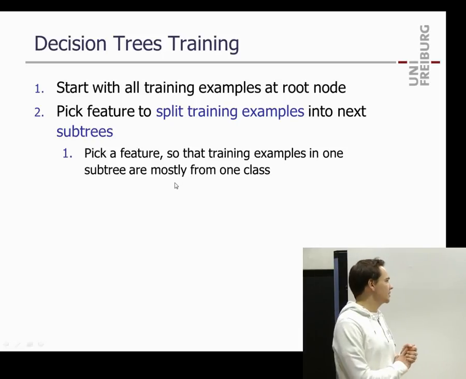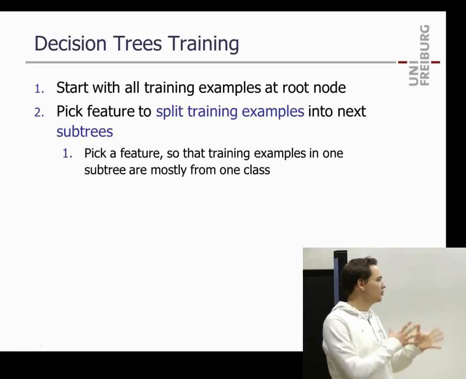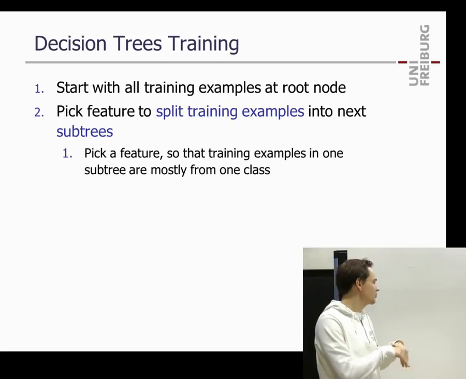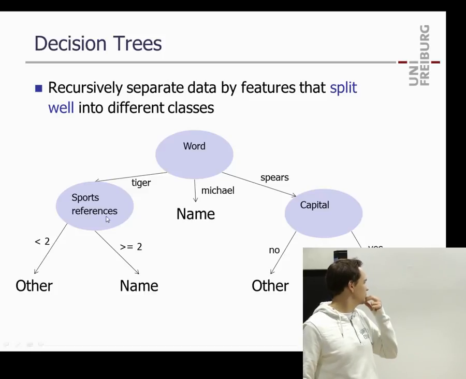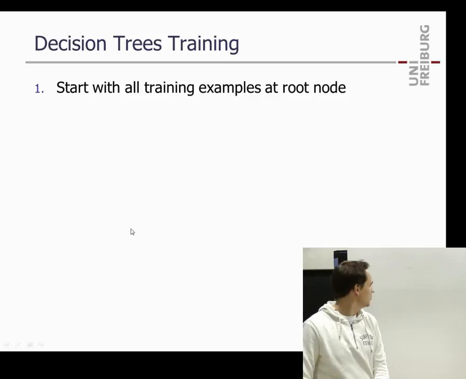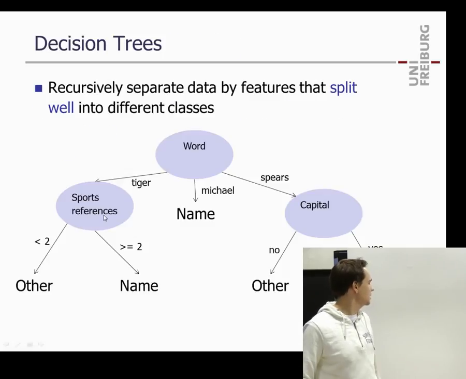You pick a feature so that these training examples are mostly from one class in the subtree below. So, for example, here we only have names, so we can already say this should be a name. And here, for the tiger, it's mostly names and just a few not names, and then it's also a good way to split this.